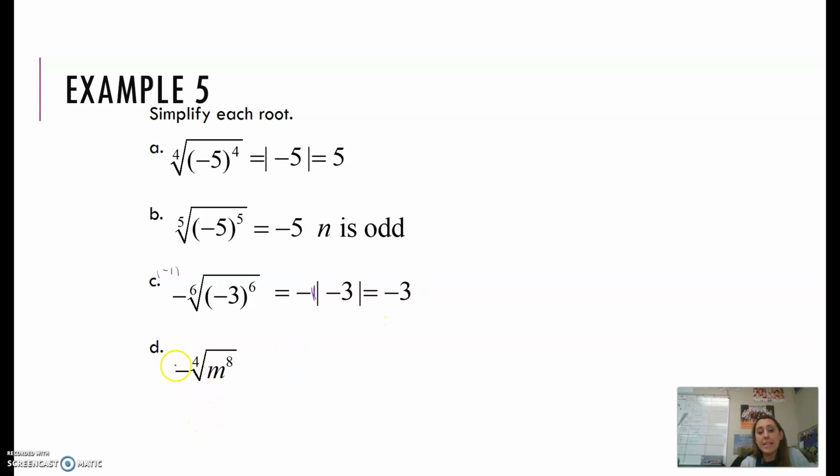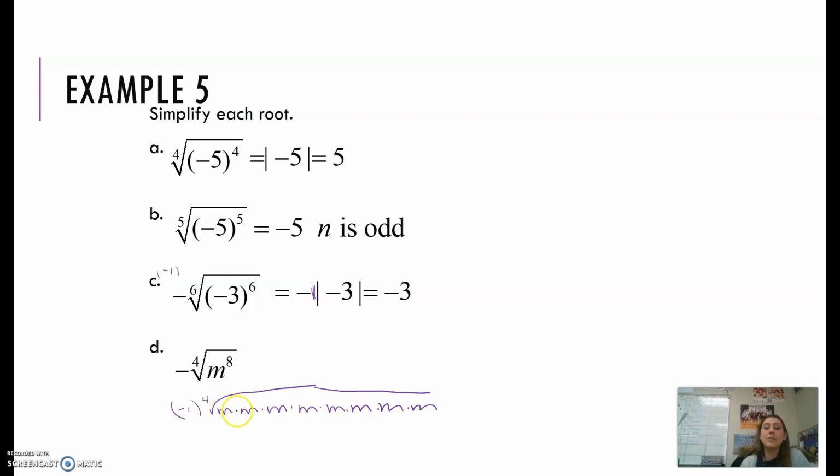So this one is a little bit trickier. This has the negative, so we know we're going to do negative 1 times, but I'm going to go ahead and write this out. I'm going to say it's the fourth root of m times m times m times m, and so on. So 1, 2, 3, 4, 5, 6, 7. Is that 8? Nope, that's 7. So remember, these are all being multiplied, right?